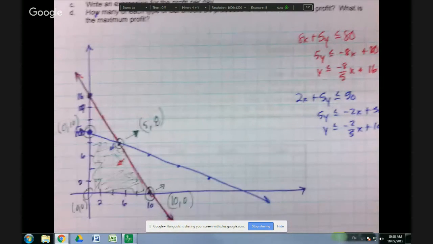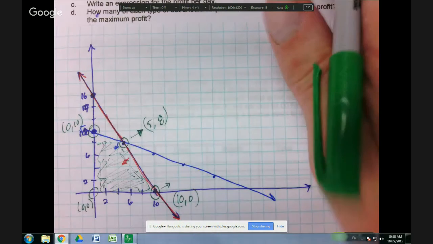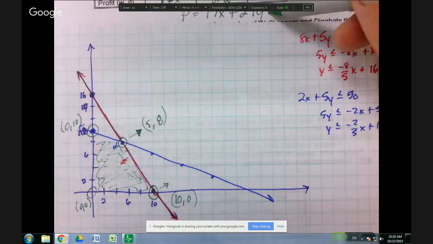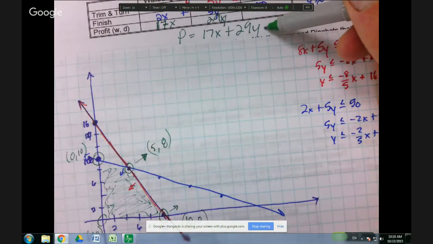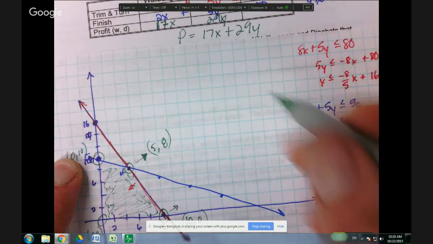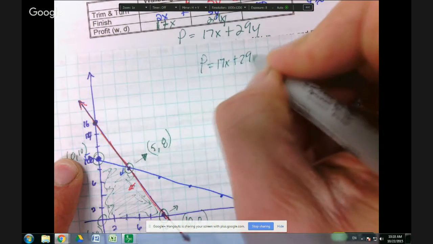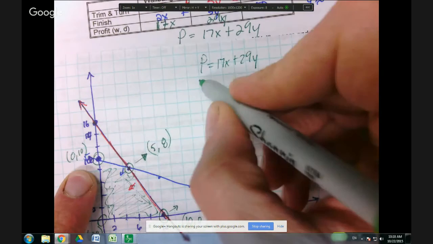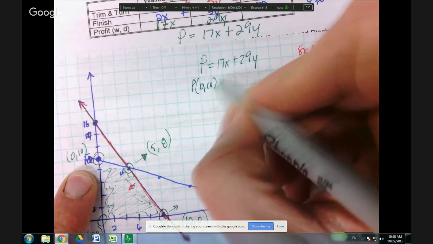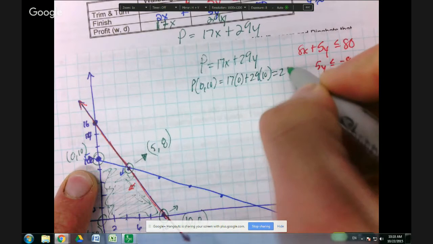How do I find maximum profit? No, we put it in the profit function. All right, so take each of these vertices and put them in the profit function to test. Yep, so I'm going to put 0, 10 in. You get $290 profit.